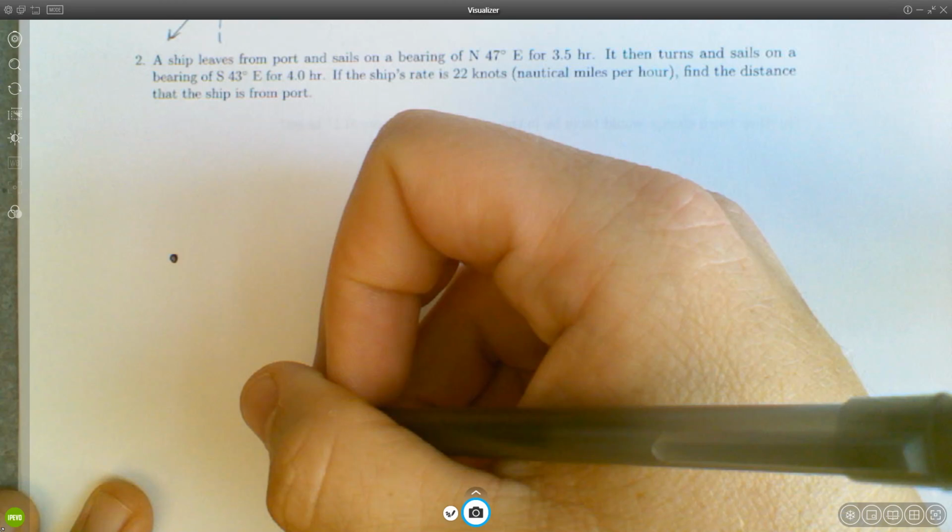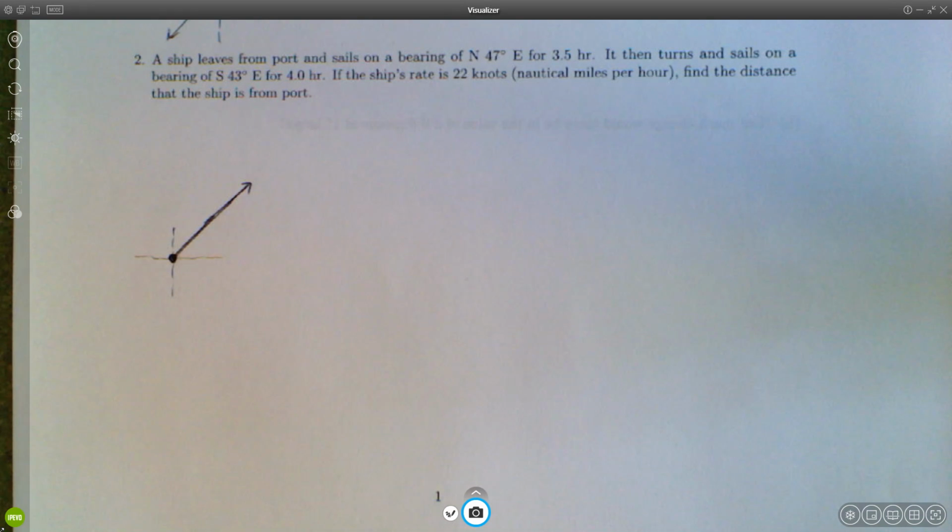It then turns and sails on a bearing of south 43 degrees east for 4 hours. So at this point it turns and goes on a bearing of south 43 degrees east, maybe something like this, for a certain period of time.